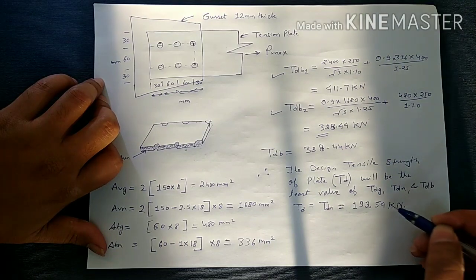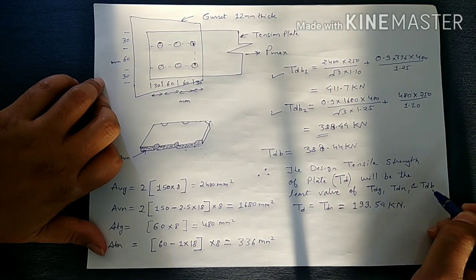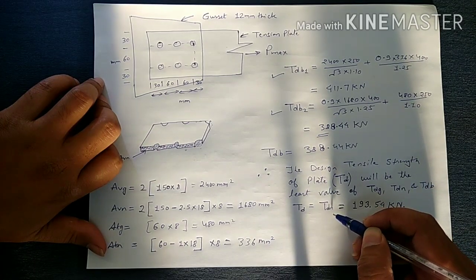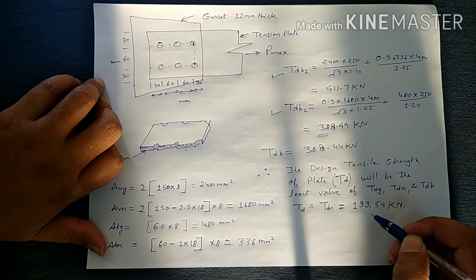Now the design tensile strength of the plate, which is denoted as TD, will be the least value of TDG, TDN and TDB. Therefore, on comparing these three, TD will be equal to TDN, that is 193.54 kilonewton.